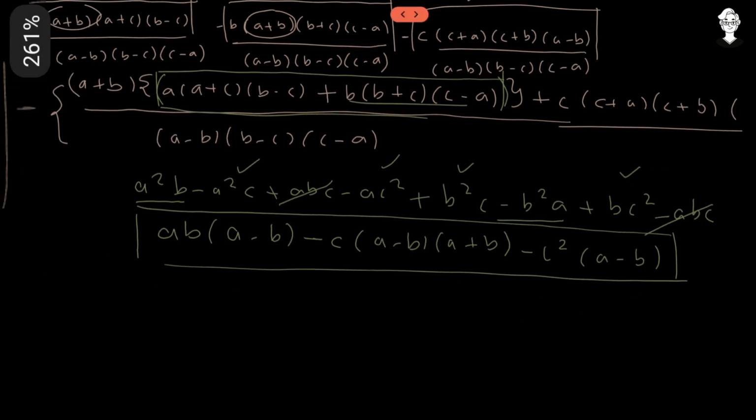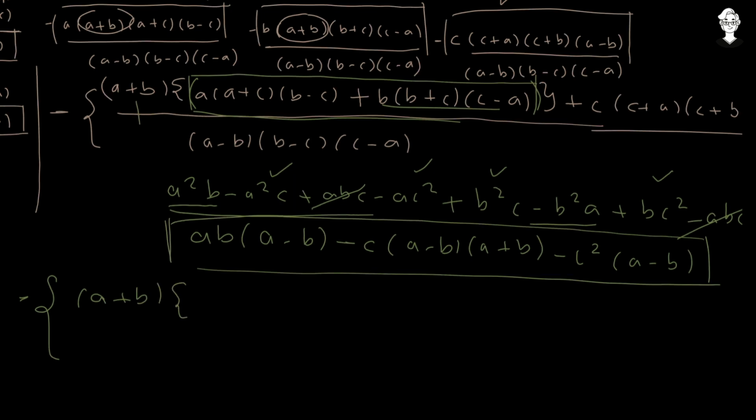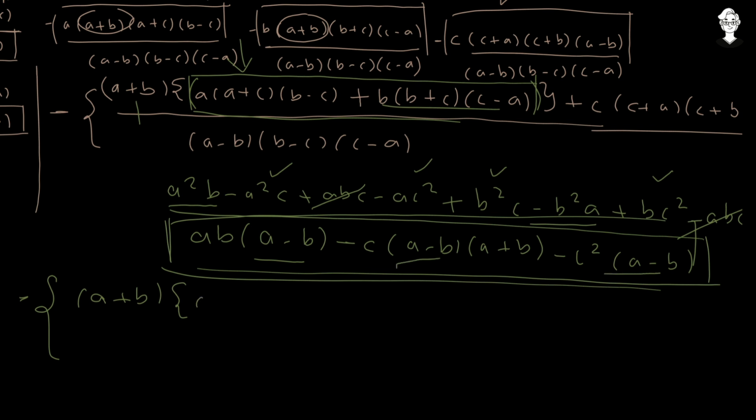So now our expression will look like the negative sign as it is, the curly bracket a plus b that is present over here multiplied with this particular thing that we have just got, because this is the value of this particular thing. Okay, now again from this particular bracket we can see a minus b and a minus b can be taken common.